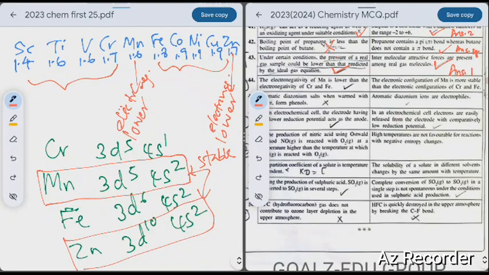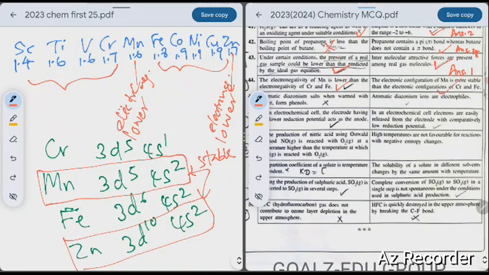So the first statement is that the electronegativity of manganese is lower than the electronegativity of chromium and iron. Yes, it is lower. The electronic configuration of manganese is more stable than the electronic configurations of chromium and iron.